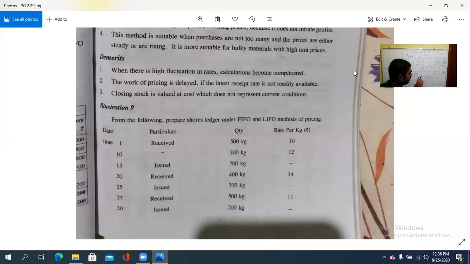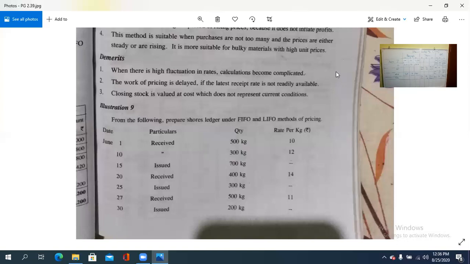So 200 plus 100, 300. That is over. Then out of 400, 200 is left, so 200 at 14, 2,800. So this is also over.